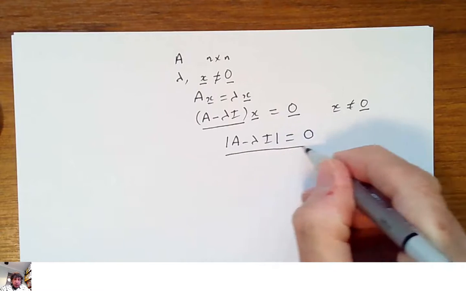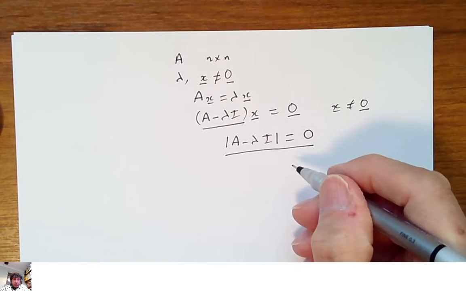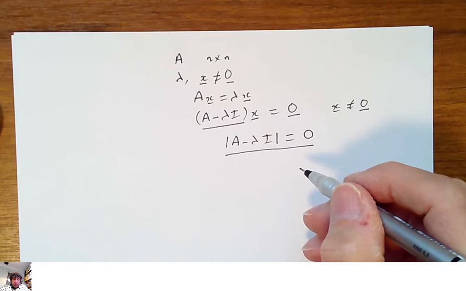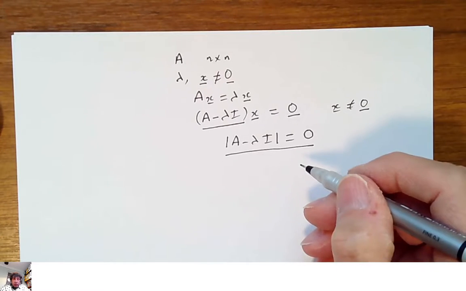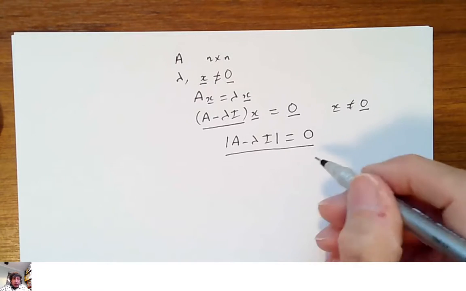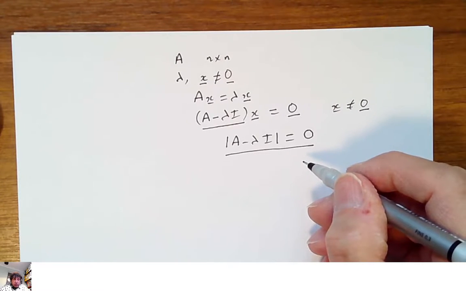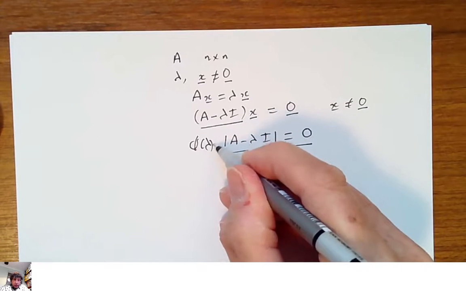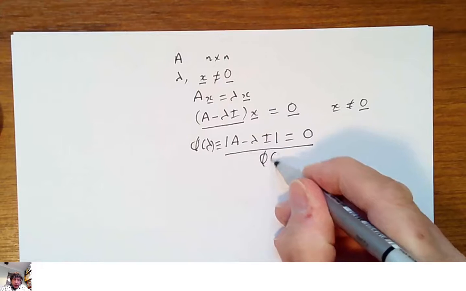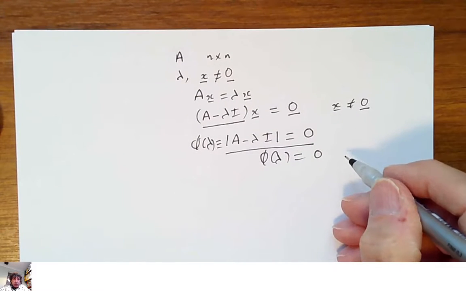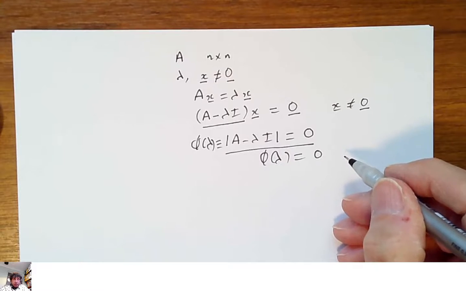And this expression, when multiplied out, corresponds to a polynomial equation of degree n for eigenvalues lambda. It's called the characteristic polynomial, and phi of lambda equal to 0 is called the characteristic equation.